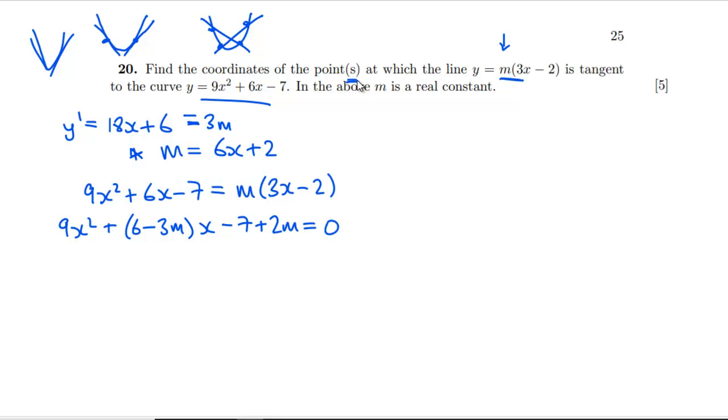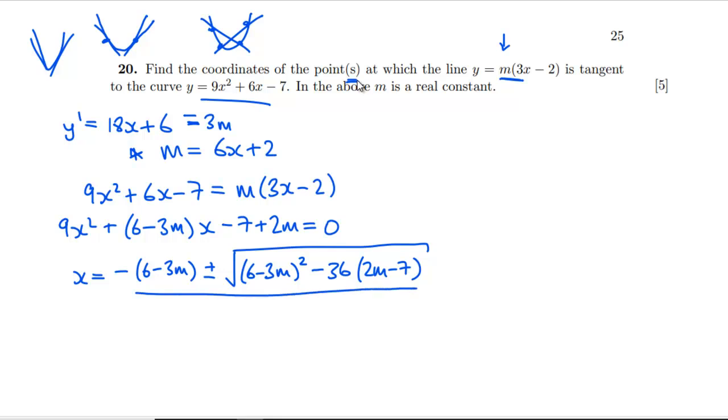So we want to solve this, but only get two solutions. So x will be, I'm just going to go to the formula for this, minus b, so minus 6 minus 3m, plus or minus the square root of b squared, so 6 minus 3m squared, minus 4 times a, so minus 36 times c, 2m minus 7.